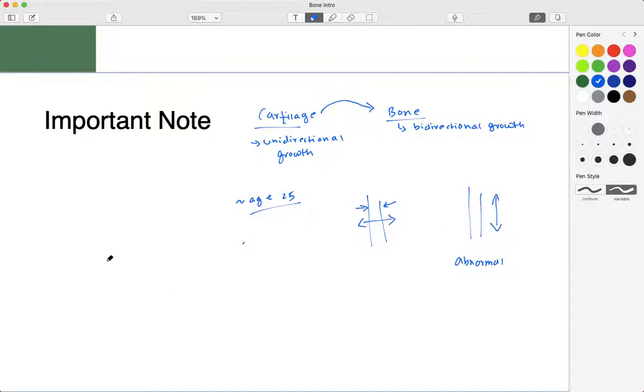Now, after age 40, what happens? We start to lose bone mass. That leads to a condition called osteoporosis. So loss of bone mass is called osteoporosis.